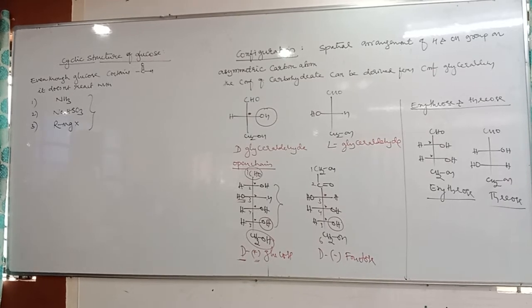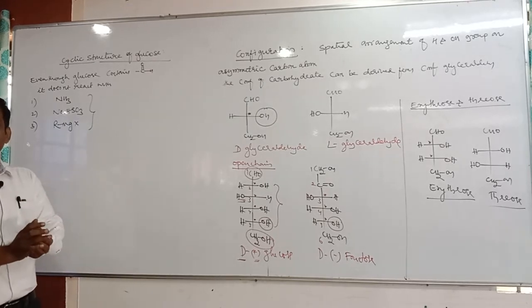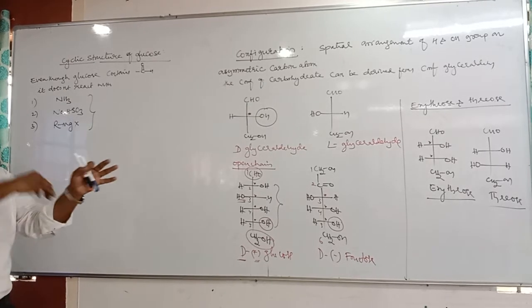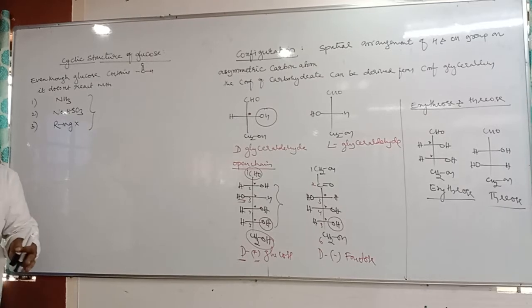But it does not. There is again a controversy, right? It means glucose reacts with, of course, aldehydic reagents, but it does not react with weak reagents. It indicates that glucose contains an aldehyde group, but not in free form. It is in some cyclic form, some other form. That means there is no free aldehyde group.